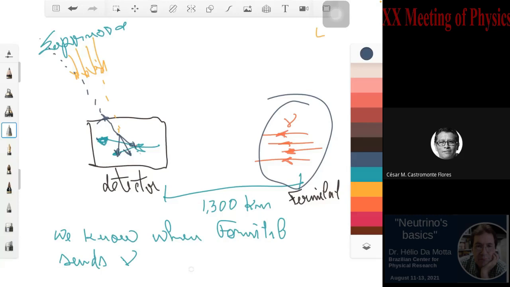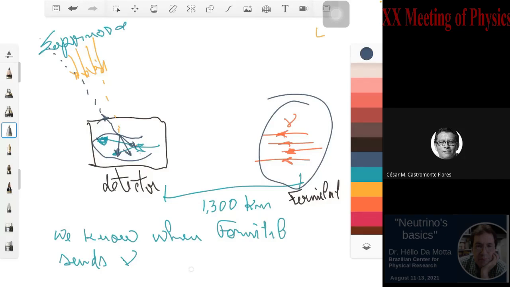So when you reconstruct the event to see what happened, you know the energy of the neutrinos. The lab is sending neutrinos, we know the energy of the neutrino. So we know the energy here. From a supernova, the energy would be very different, much higher than the energy from the lab neutrino. So the energy will be different, the direction where things come from is different, and the time is different. So there is no way we can mix them.